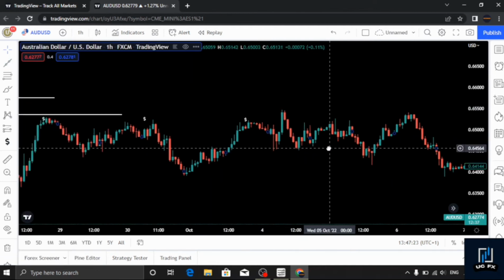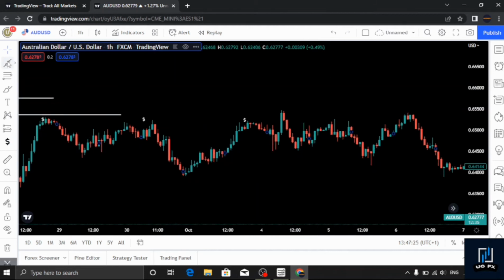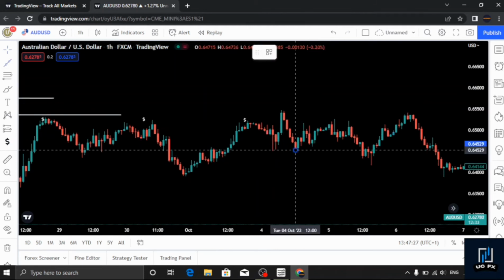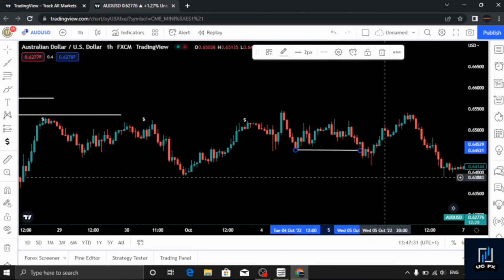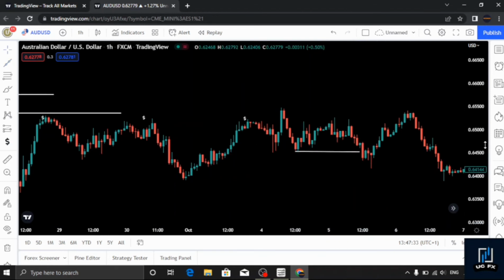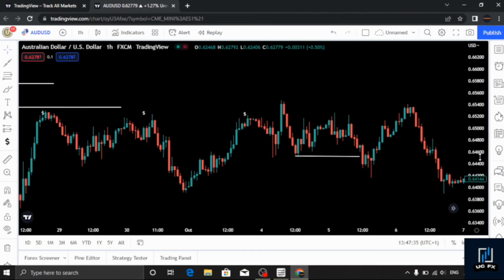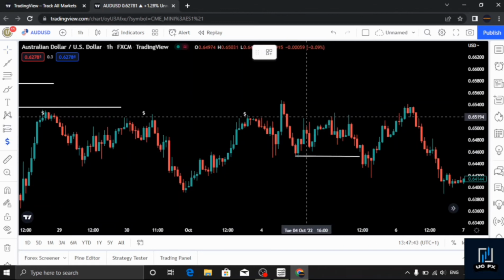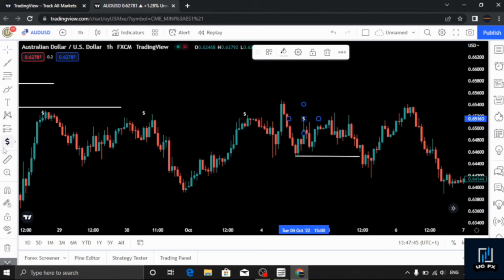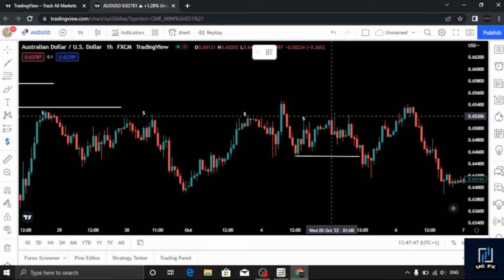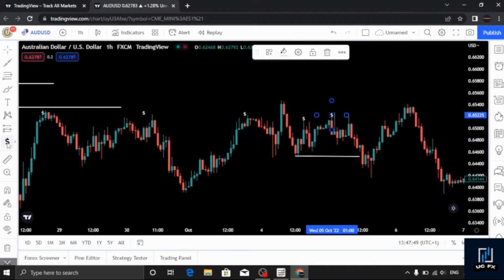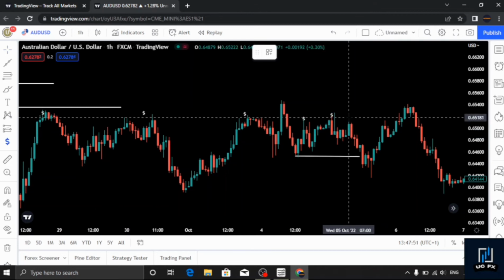Price took out these lows. So you practically need to repeat the same thing that you did on the higher time frame. You need to spot out a break of structure, liquidity being taken out. As you can see, we have liquidity here in form of equal highs.